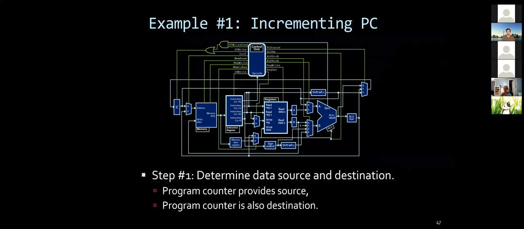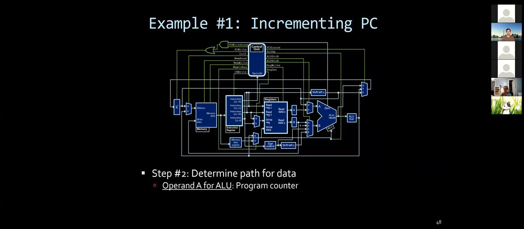Let's look together. First we need to find the program counter, which gives us the source. We also need to set the program counter as the destination. So we found the PC here on the graph. Then we determine the path for the data.